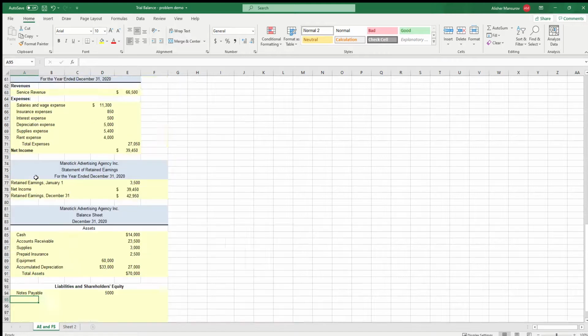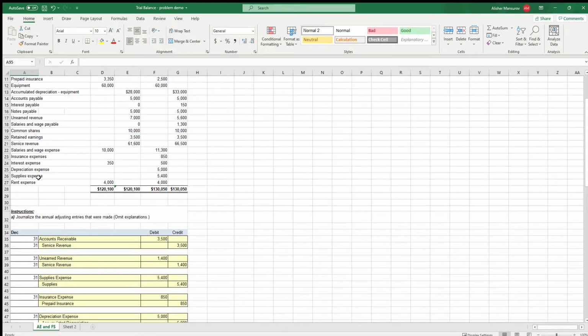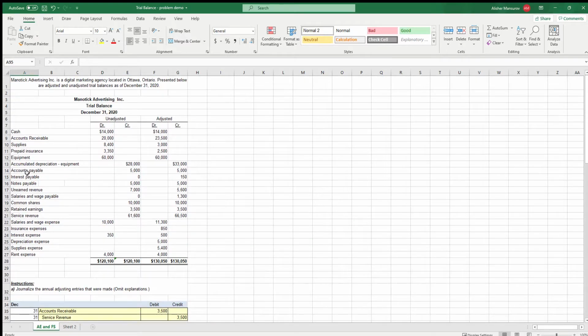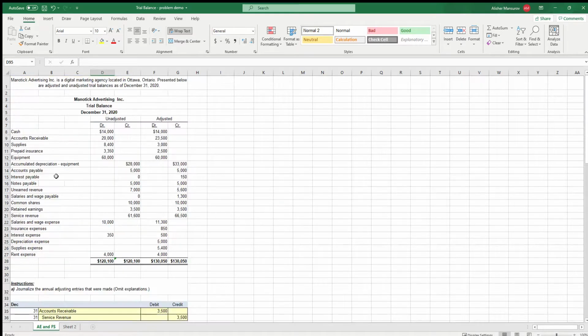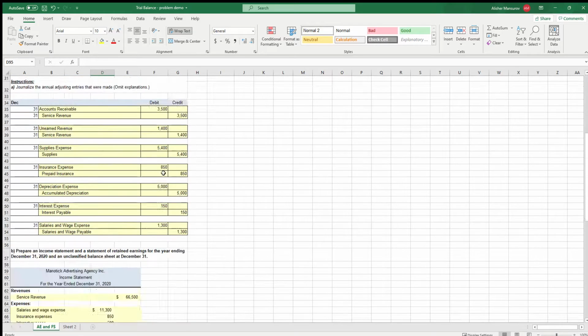And then we have accounts payable. Next, accounts payable, and that was 5,000 as well.